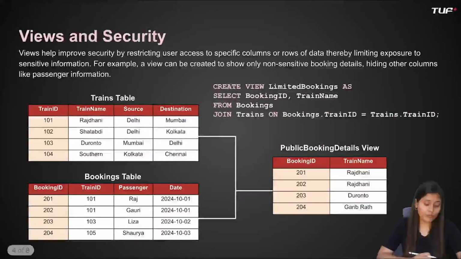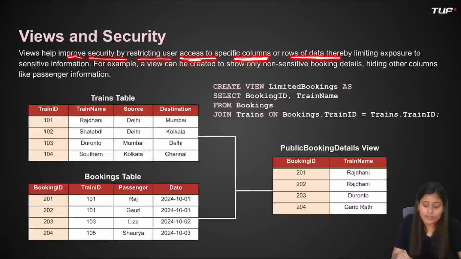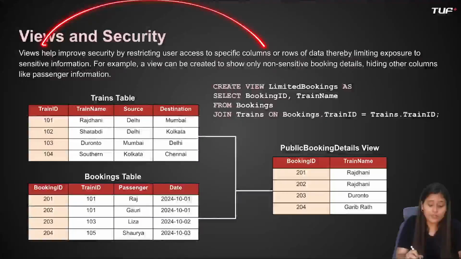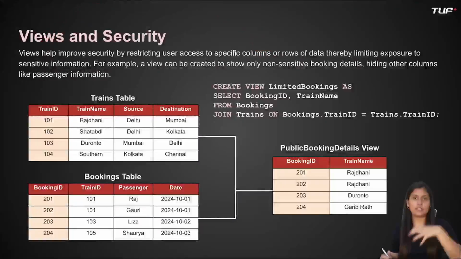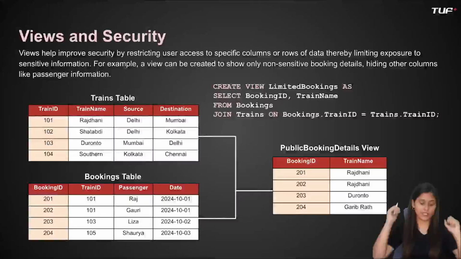Now let's move on to views and security. Views help improve security by restricting users' access to specific columns or rows of data, thereby limiting exposure to sensitive information. A view only gives access to see specific columns of the actual data, and it hides the more sensitive data.